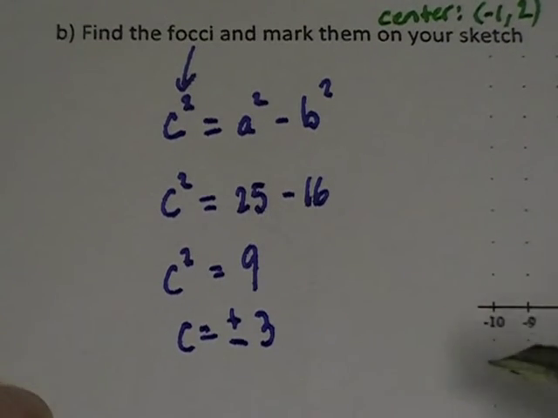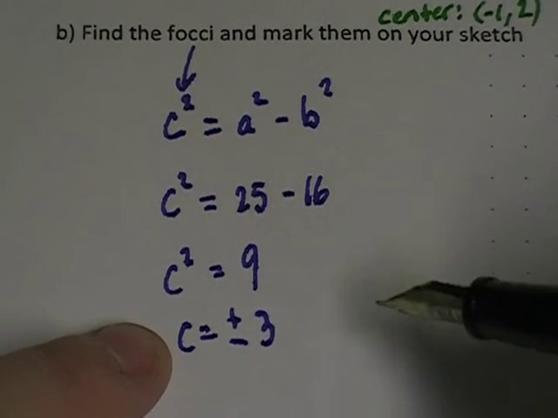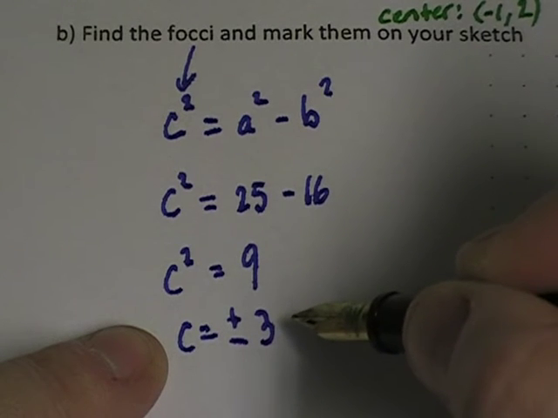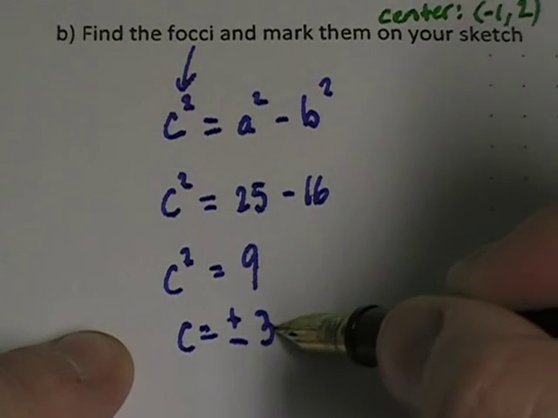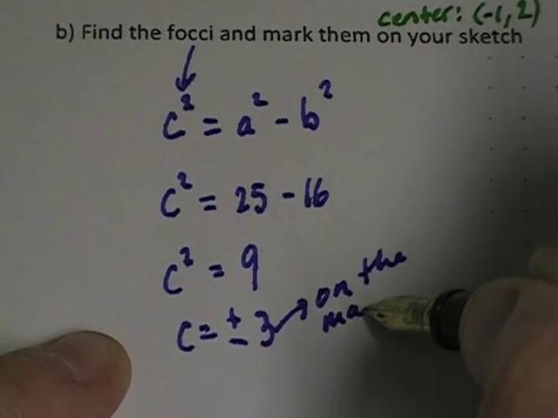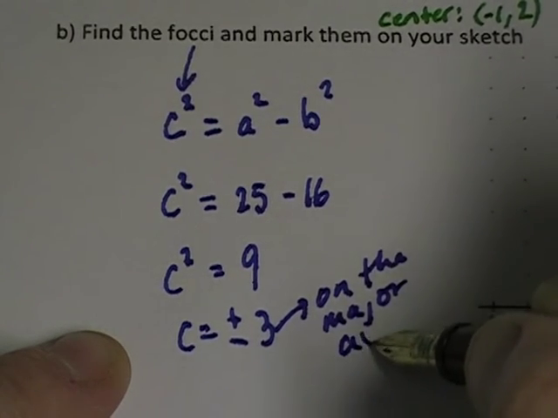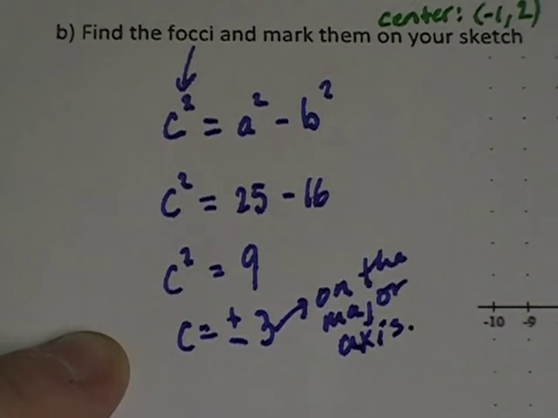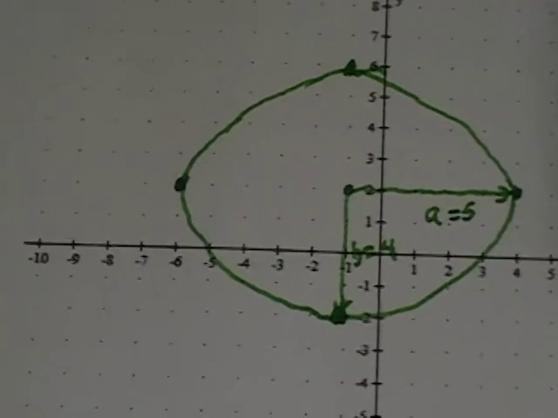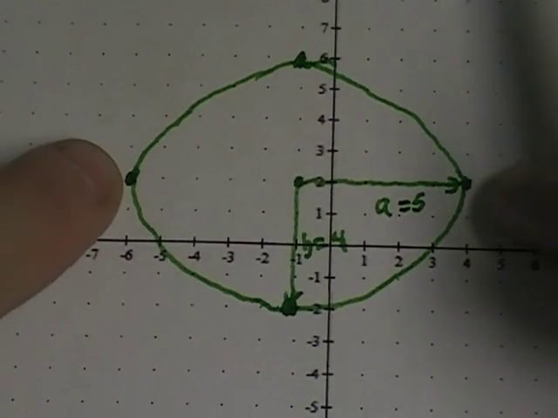Now, what does that mean for me? That means that the focal axis is 3 units on the major axis. And I'm going to make sure we know that that's always, always, always on the major axis. So if I come back to my sketch, our major axis is horizontal.